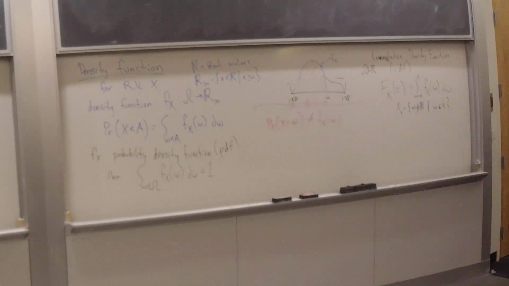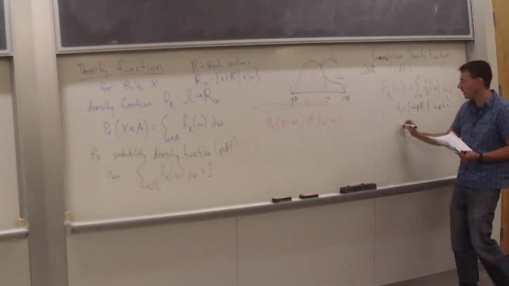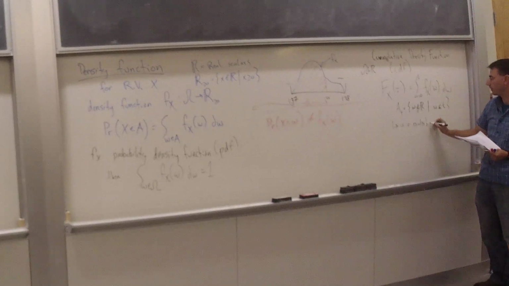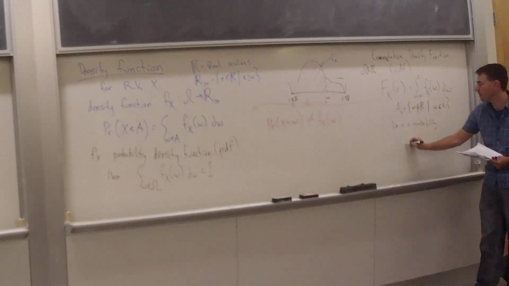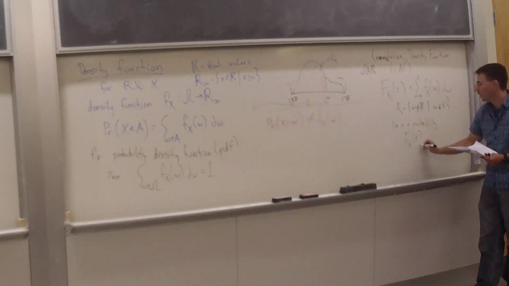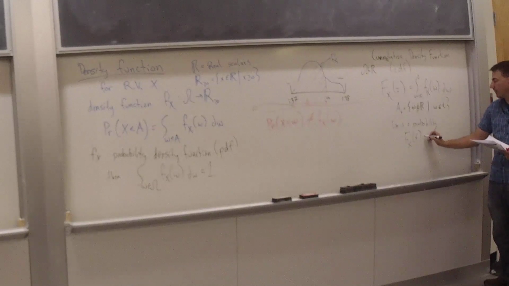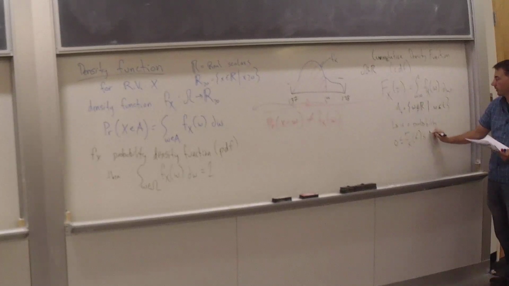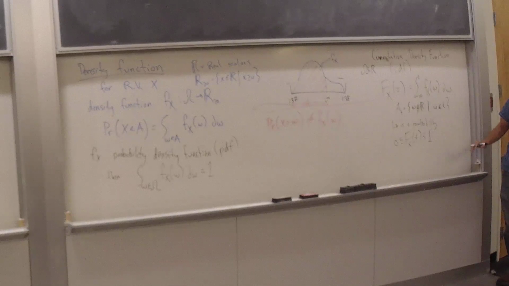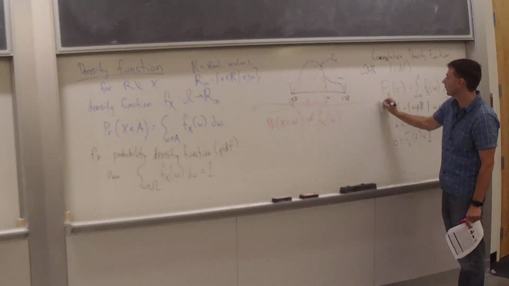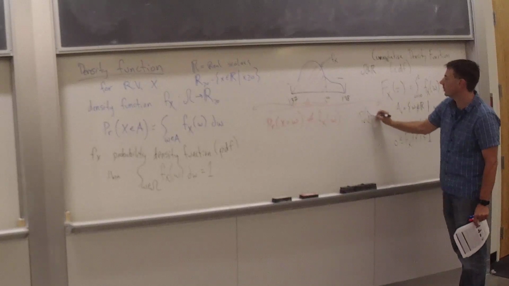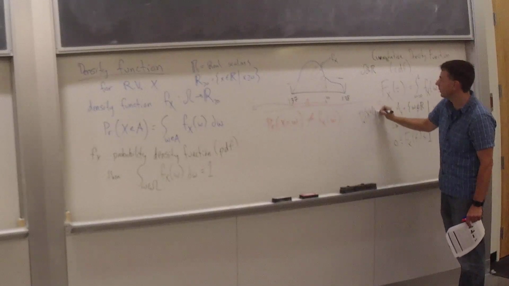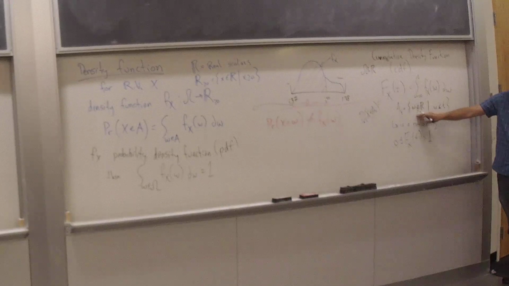The nice thing about the cumulative density function is it is a probability. That means that F of x of t is always going to be between 0 and 1. This is equal to the probability of this event A t, that x is in A t, defined in this way.